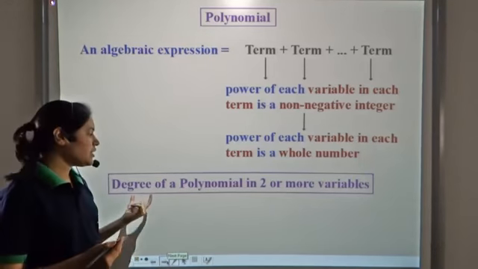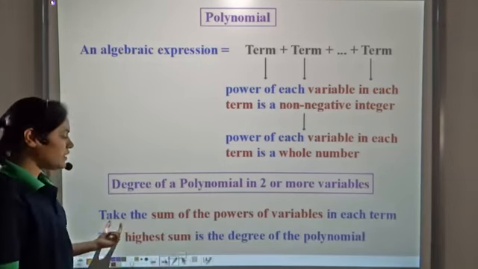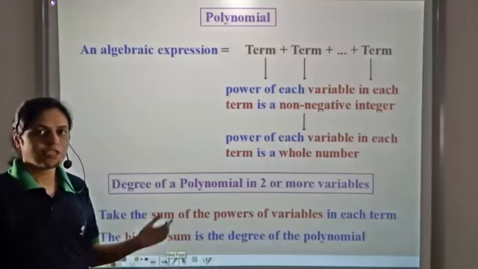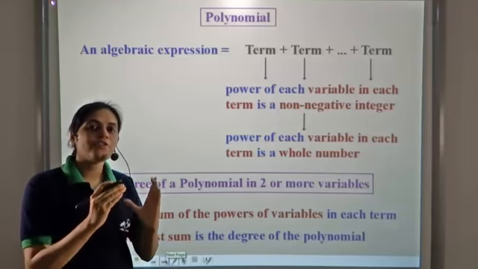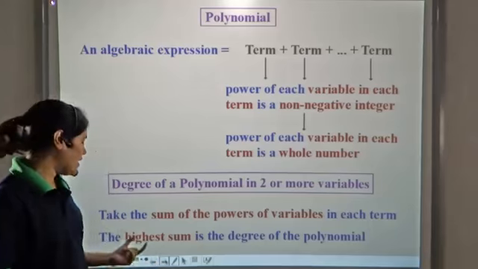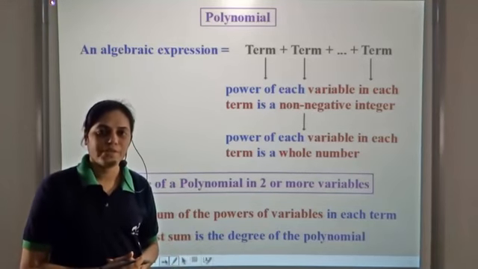For calculating the degree of polynomials with two variables, we take the sum of the powers of variables in each term. So we consider each term and we add the powers of all the variables present in each term. And the highest sum is called the degree of that polynomial.